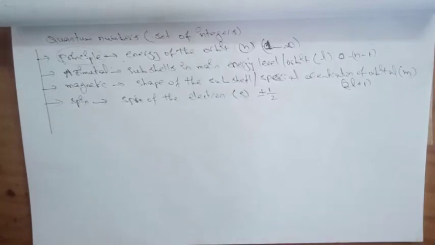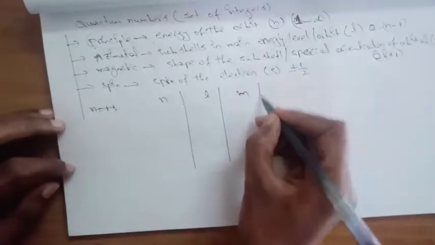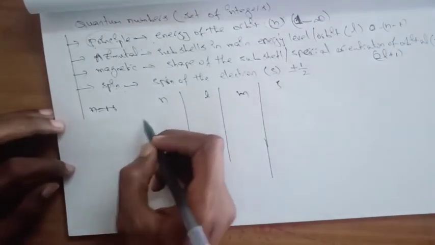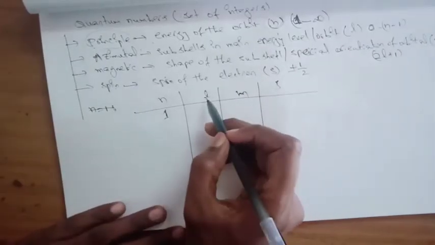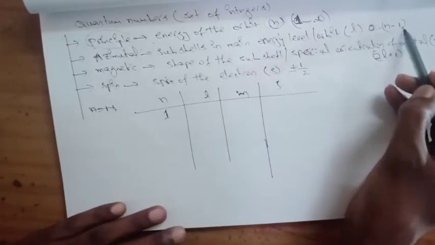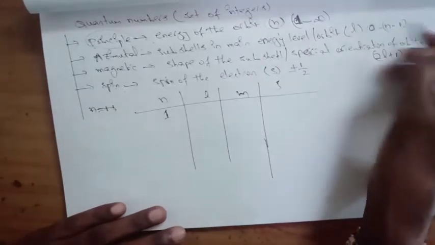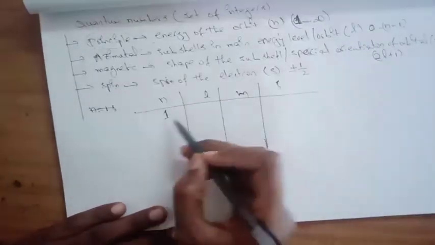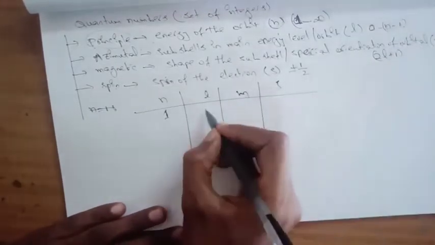So let's consider that the principal quantum number starts from n equals 1. Writing n, l, m, and s: if n is 1, the azimuthal quantum number ranges from 0 to n minus 1, so 1 minus 1 equals 0.